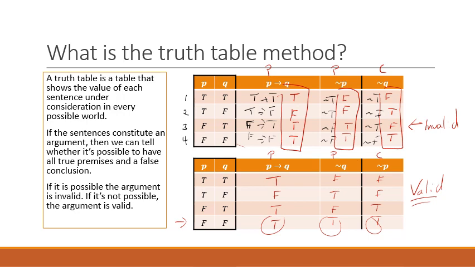It's not possible to have all true premises and a false conclusion. You may have noticed that this argument is modus tollens. Modus tollens, as we discussed in chapter 3, is a valid argument. So here is a demonstration that yes, indeed, modus tollens is valid.